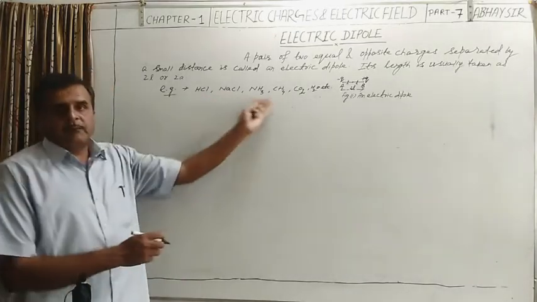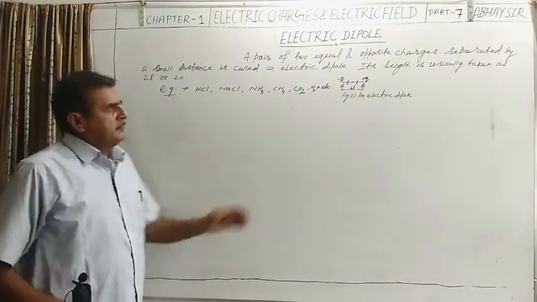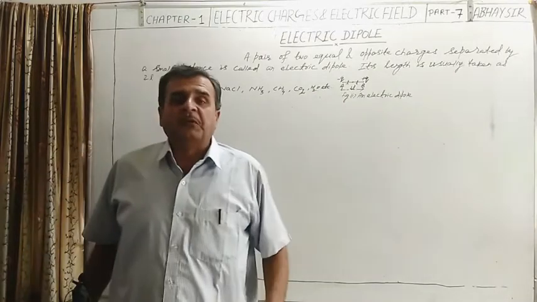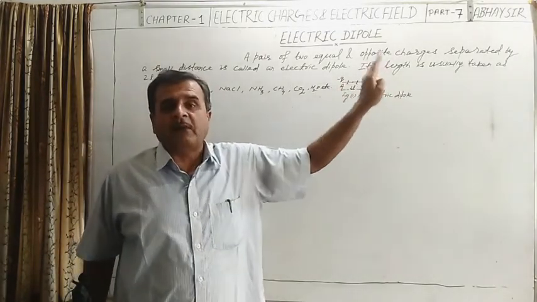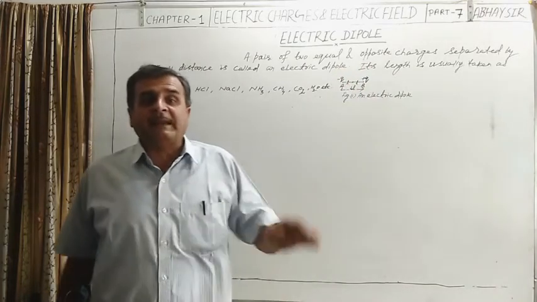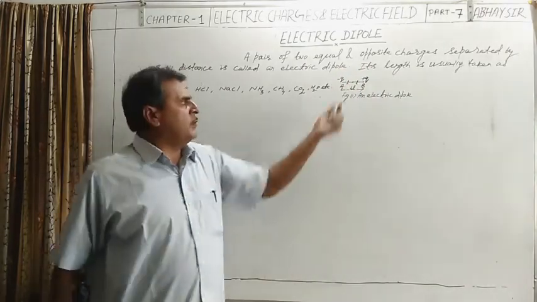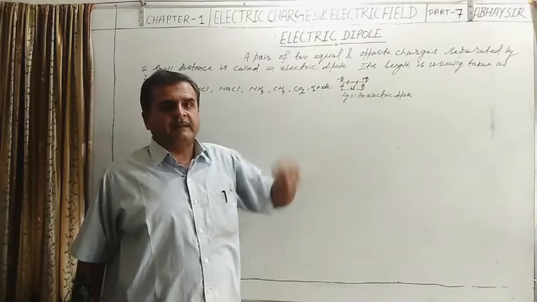These are the examples of electric dipoles. Total charge of an electric dipole is zero, that is plus q and minus q, but electric field is not zero. Both charges are separated by some distance.